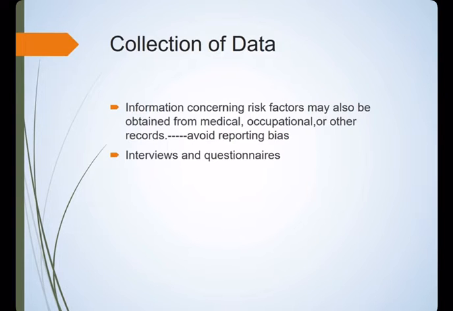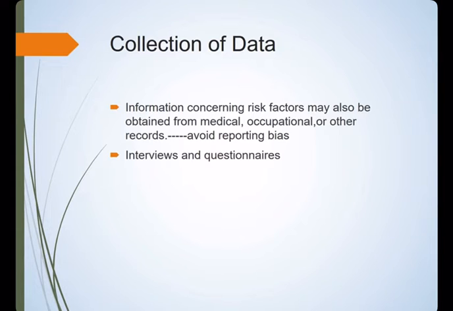This is of particular concern when there has been a great deal of publicity about the association between the exposure and the disease of interest. For example, after the association of smoking and lung cancer study was first identified and published, knowledge of this association could have affected the reported exposure of cases in subsequent investigations.